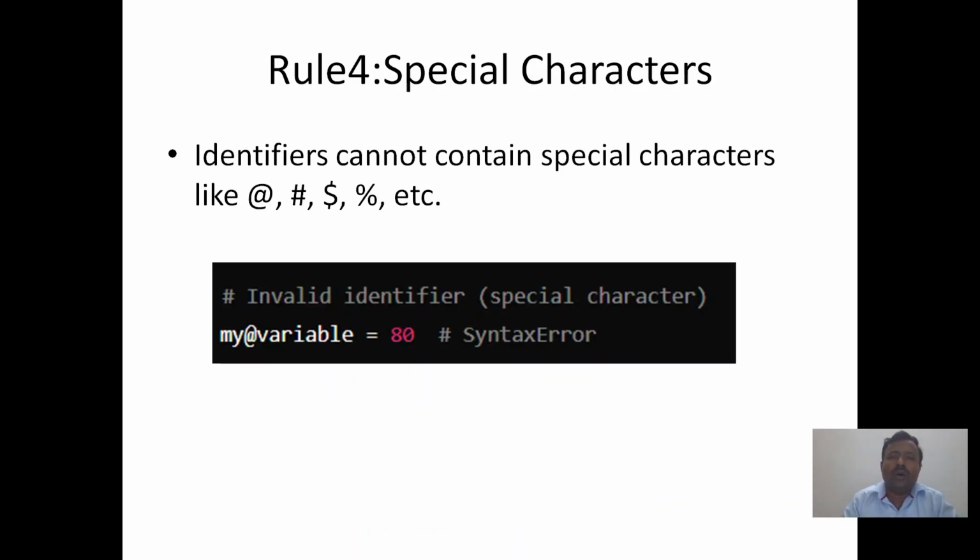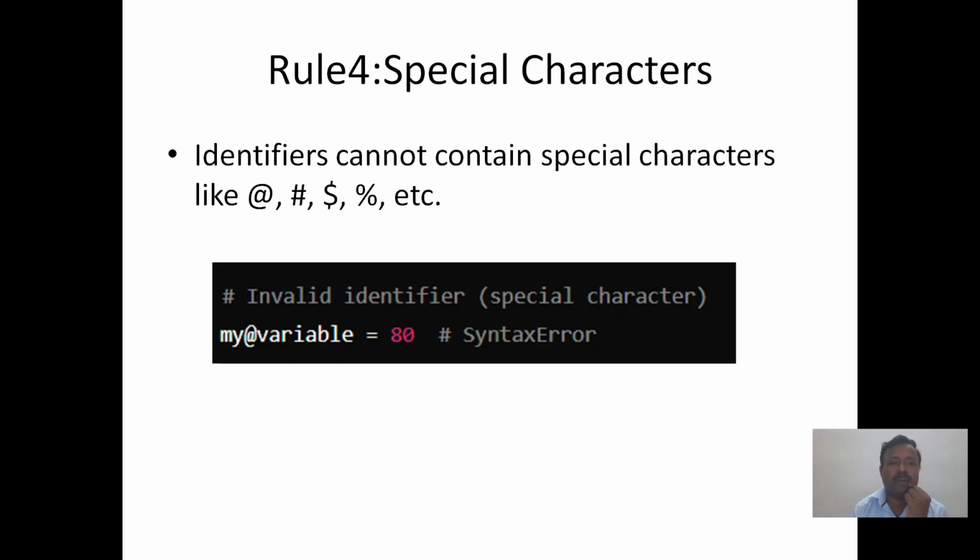Now coming to rule 4. Whenever you are framing Python identifiers, I already told you the valid character set to name the identifier is alphabets, digits, and underscore. So when you include any sort of special symbol while naming the identifier, it cannot be treated as a valid identifier.